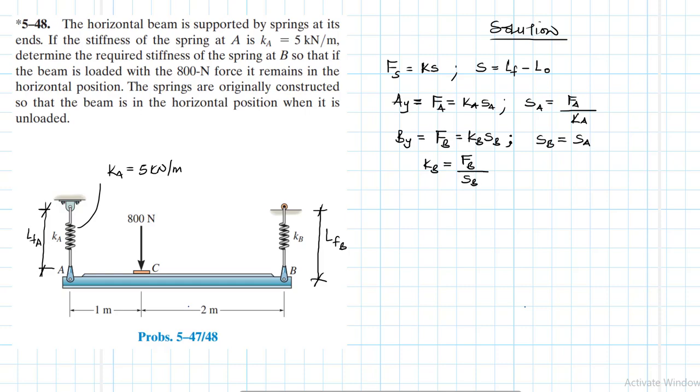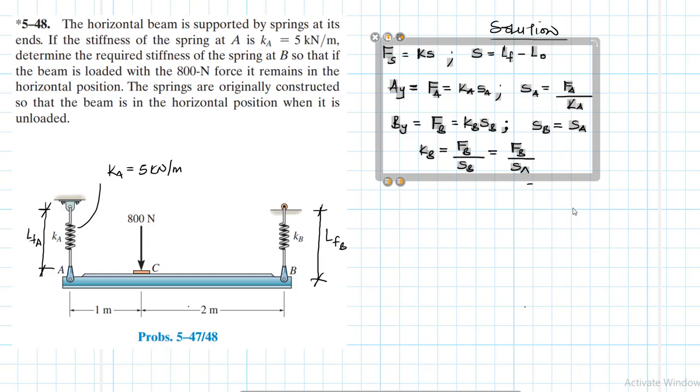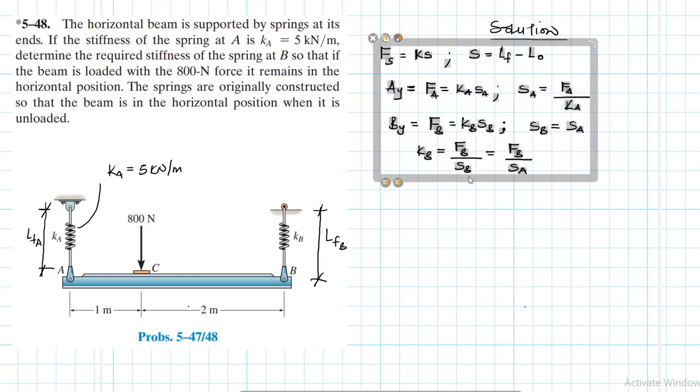But we know Sb is equal to Sa, therefore Fb divided by Sa. Is that fine? So this is what we are going to do. We've already worked out the whole concept of exactly what we are going to do. So we'll just replace that with the numbers, then we are done.